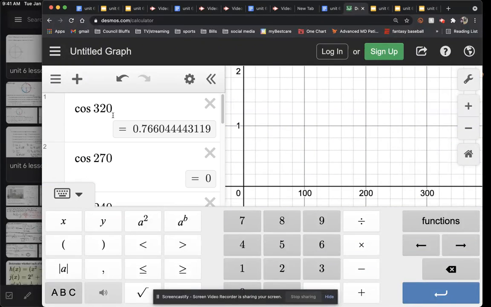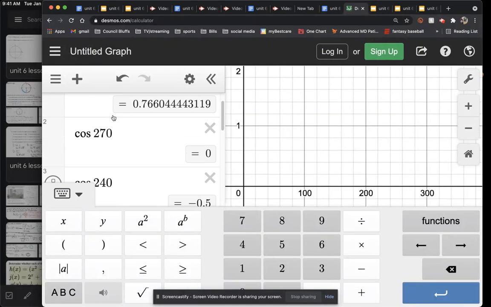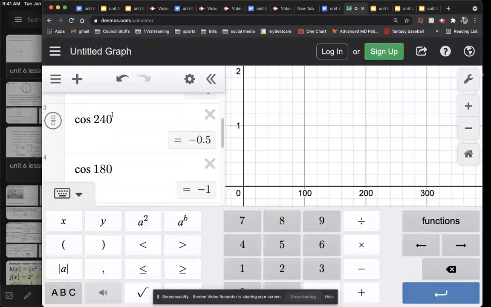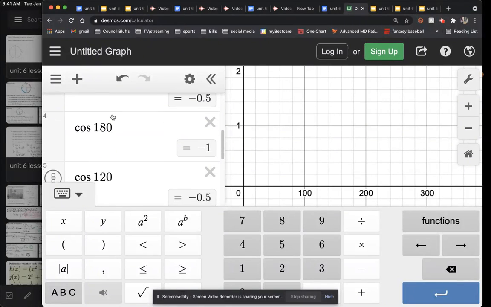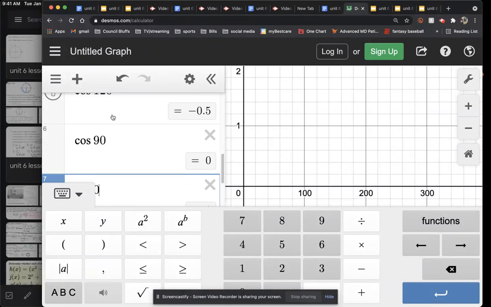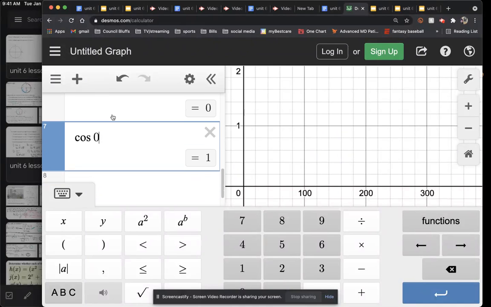And I'll just fill these into the table: 0.77, 0, negative half, negative 1, negative half, 0, and 1.